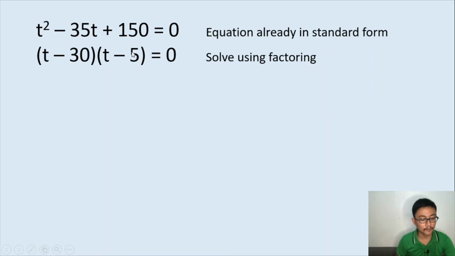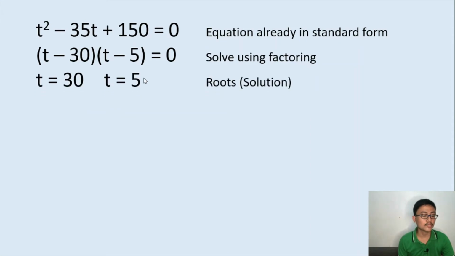Pag chinek natin, tama yung sagot. So the factors are t minus 30 and t minus 5. And as we all know, we have to apply the zero property. So ang magiging sagot na dyan is t equals 30 and t equals 5. So that is now our roots or the solution.